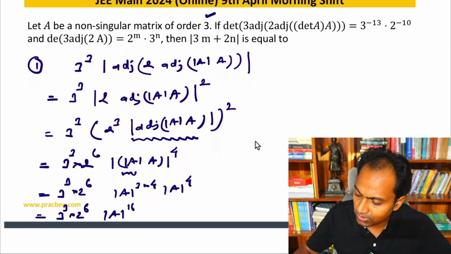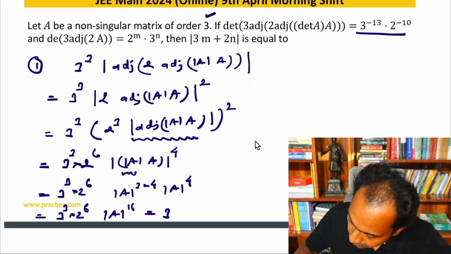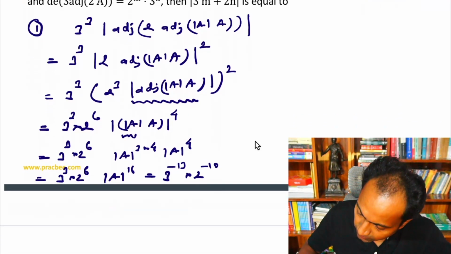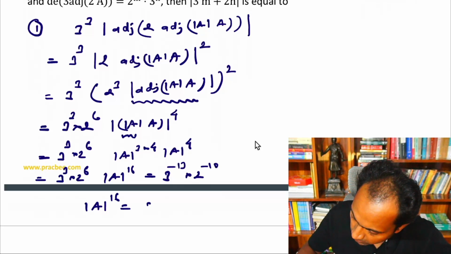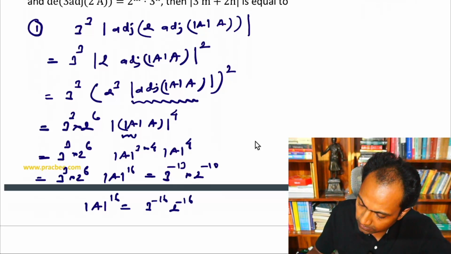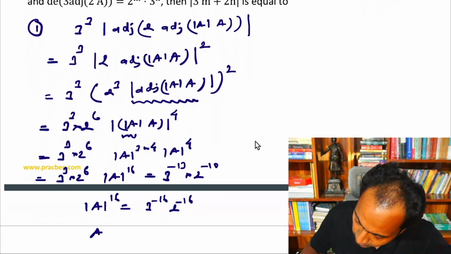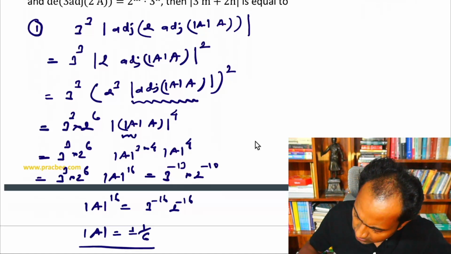Now they have told us that this is equal to 3 raised to the power minus 13 into 2 raised to the power minus 10. If I simplify, determinant of A raised to the power 16 will be equal to 3 raised to the power minus 16, 2 raised to the power minus 16. And ultimately the determinant of A can be equal to plus minus 1 by 6. It does not matter what you take in this question per se, so I will take the plus sign only.